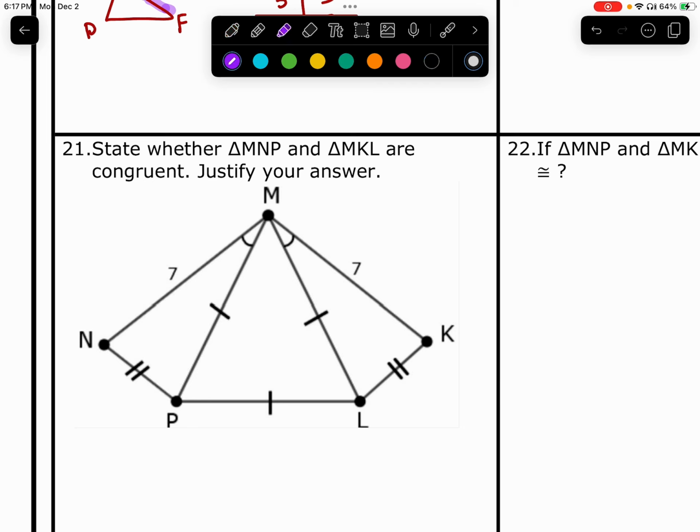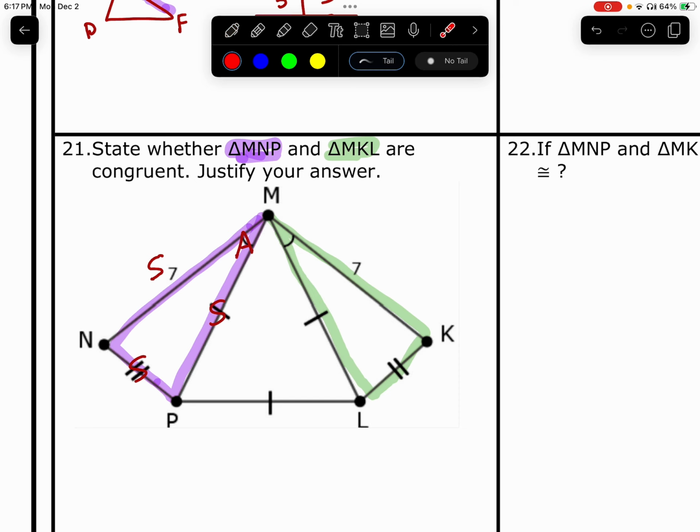All right, so MNP is this triangle, and MKL is this triangle. So let's see what information we know. We have an angle up here. We have a side here and a side here. And another side over here. So we can tell that these two angles are the same.